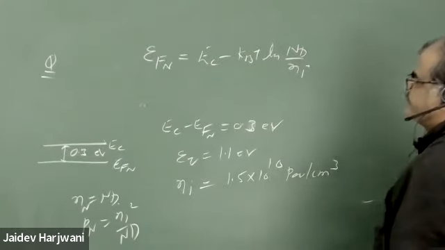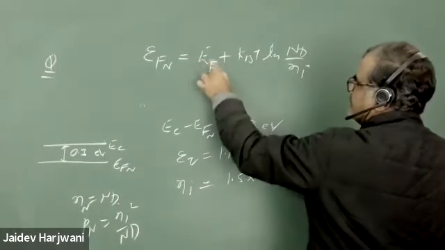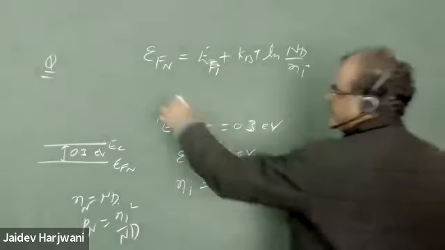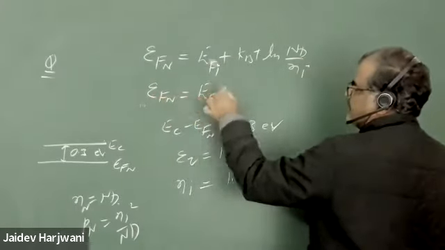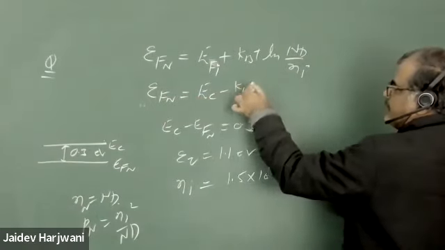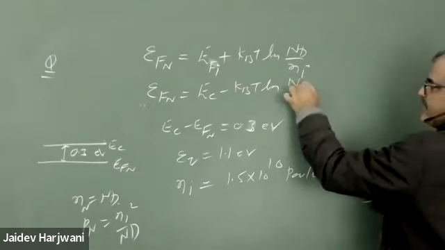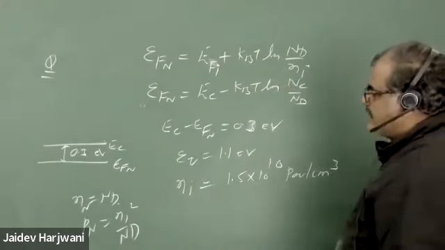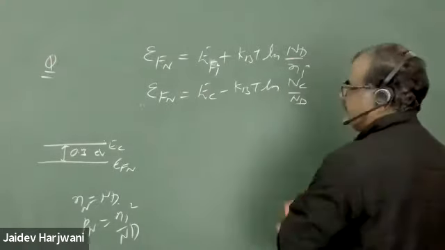Here it is EFI, plus. Either use this formula or you can use the second formula. The second formula is EC minus KBT ln NC by ND. You have two formulas, but can you use this formula here?